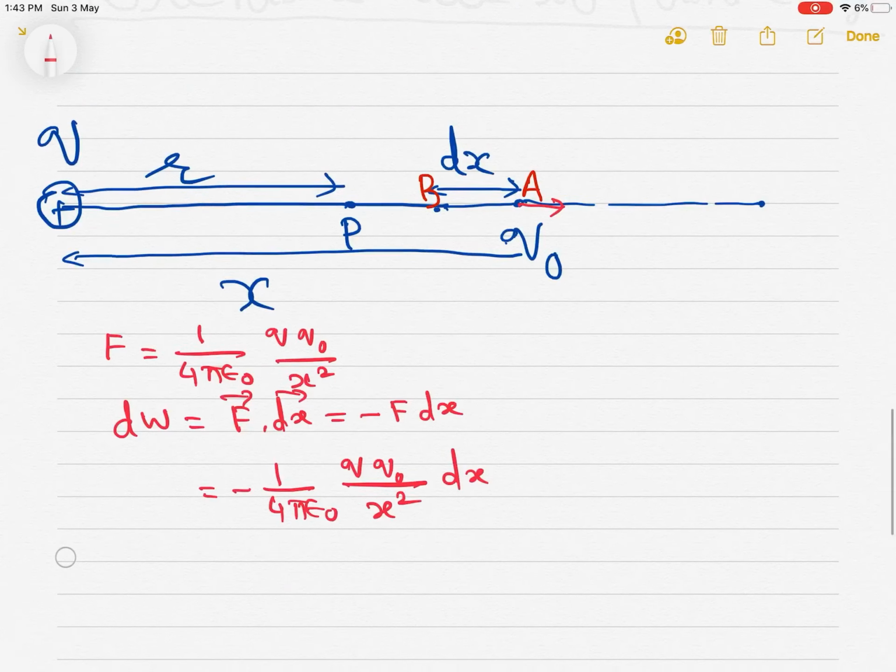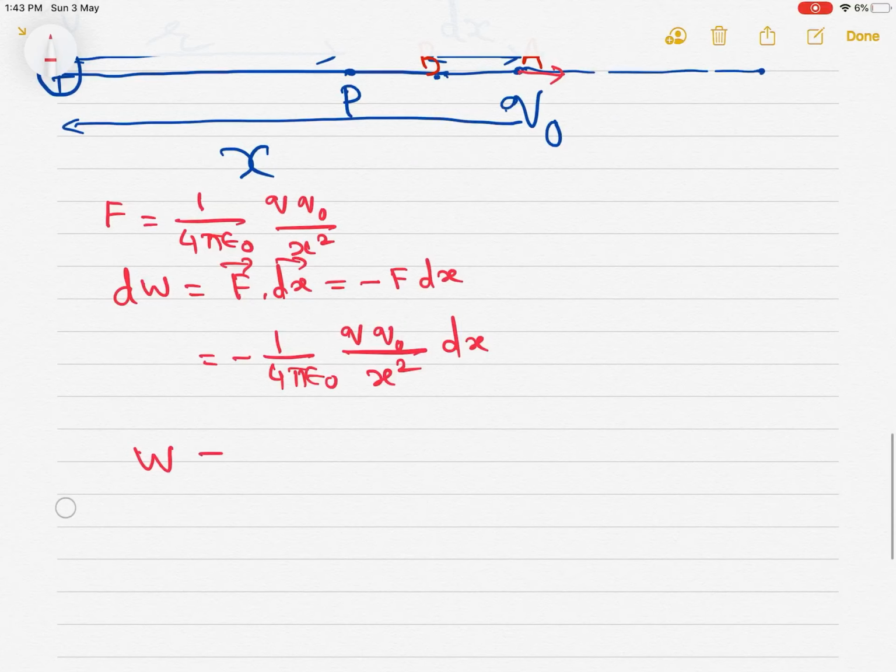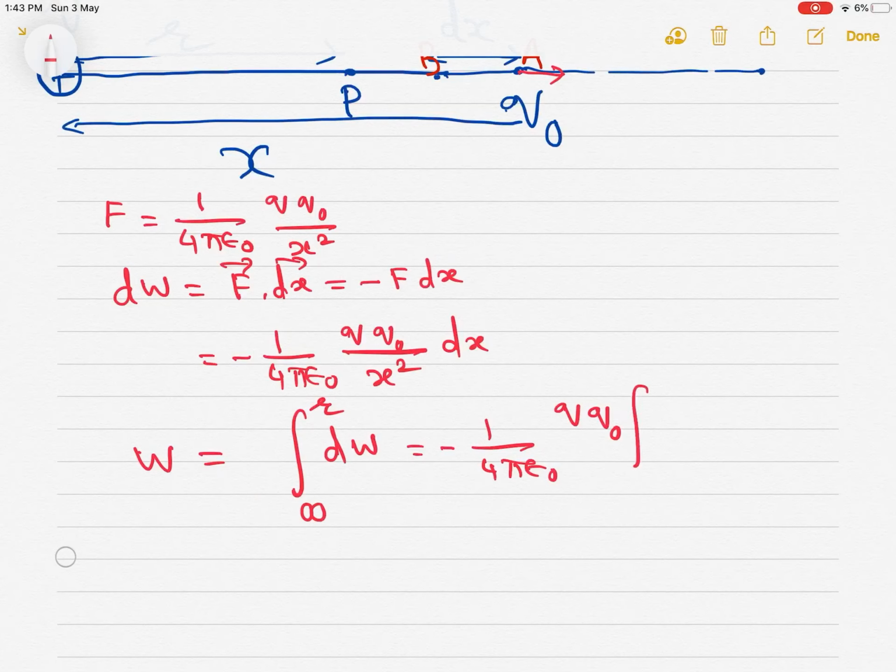whose position vector is r, then W will be equal to integral from infinity to r of dW, and put the value of dW, minus, it is constant, then we can take it outside the integral sign, dx by x square.